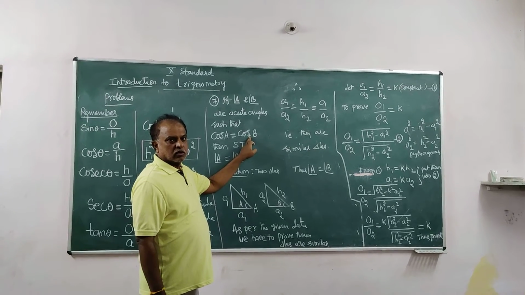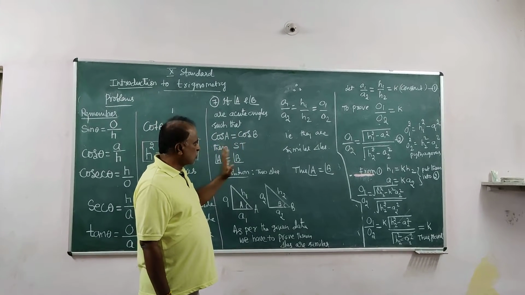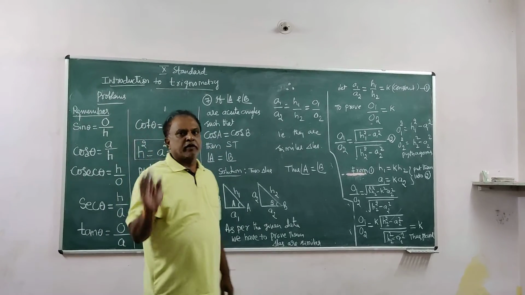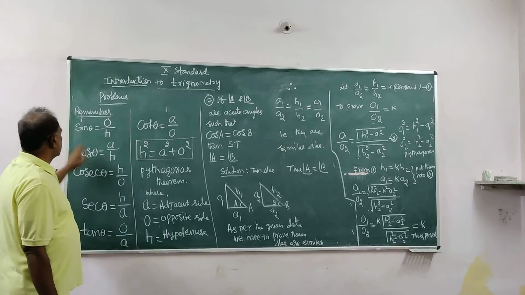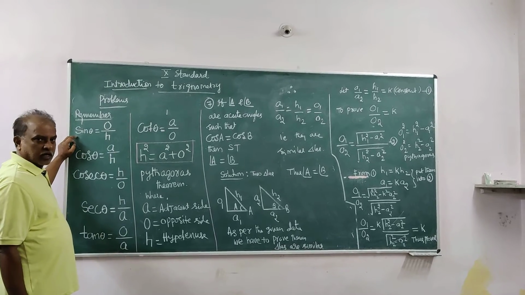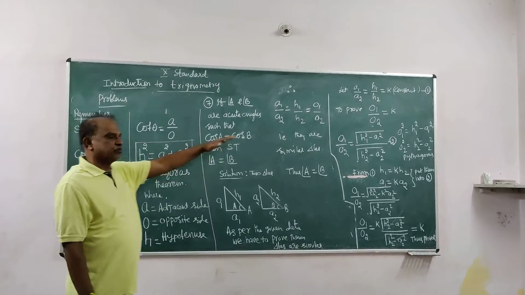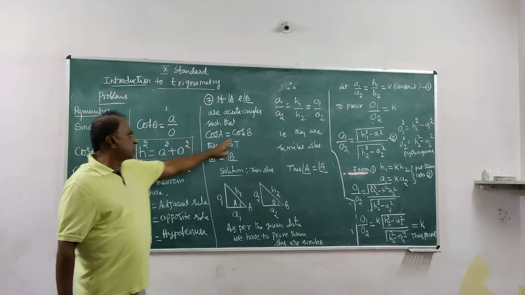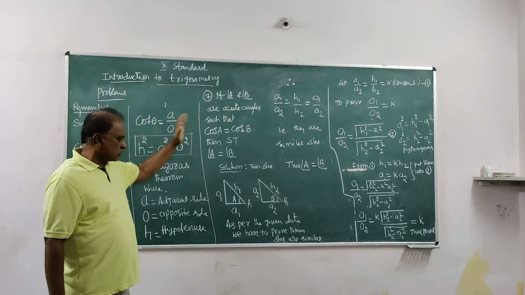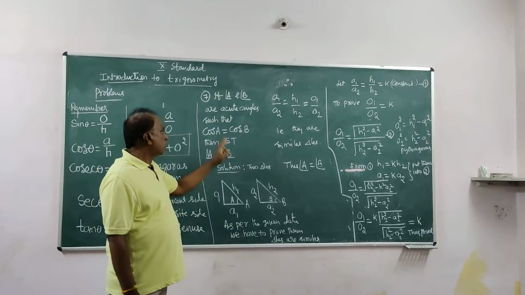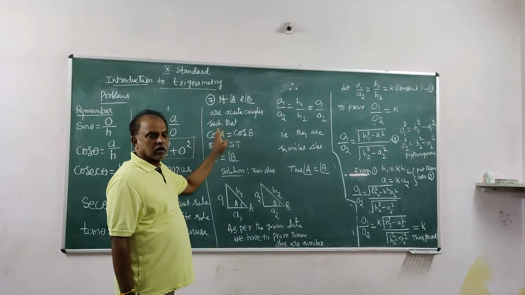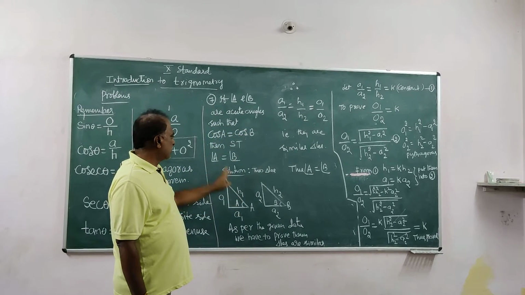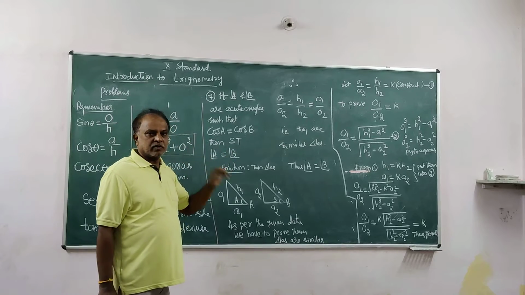Is it not? So this holds good not only for cos A, but for all the trigonometric ratios. Even if it is sin A, sin B, that also holds good. Or cosecant A, cosecant B, the same thing holds good. Tan A, tan B. Cot A, cot B. Secant A, secant B. Then these angles must be the same.